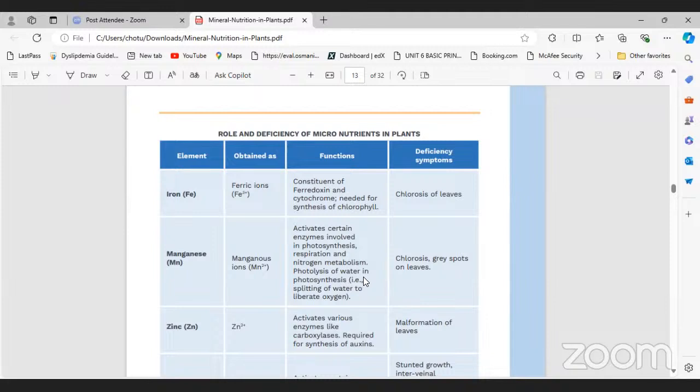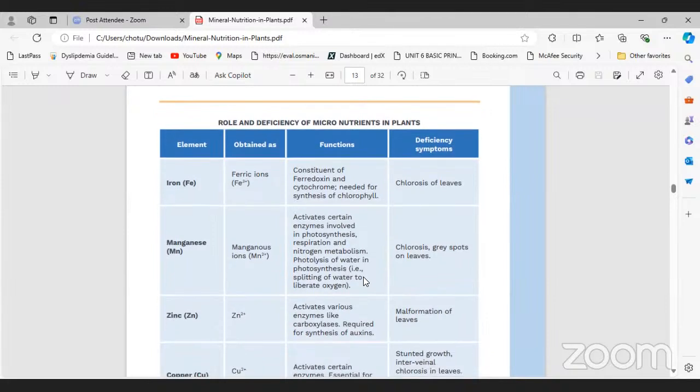In a neutral or alkaline soil, iron is in the insoluble form. Excess of liming, therefore, often results in iron deficiency symptoms even though the soil is rich in iron. Iron is always present in the soluble form in an acidic soil and is therefore readily absorbed by the plant.